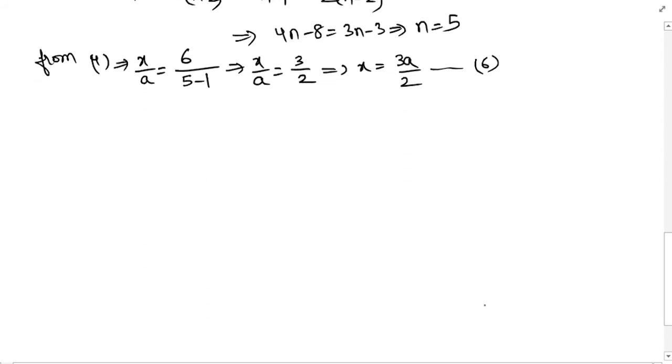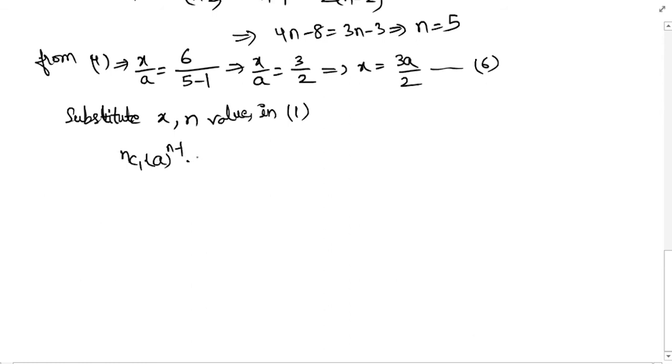Now what we'll do is substitute x and n values in equation 1. When we substitute in equation 1, what do we get? Our equation 1 is nC1 a^(n-1) x^1 = 240, right?